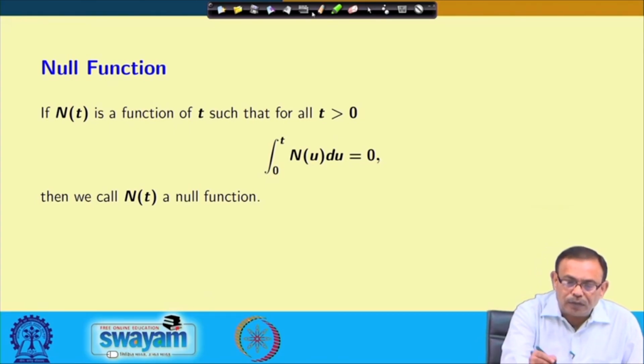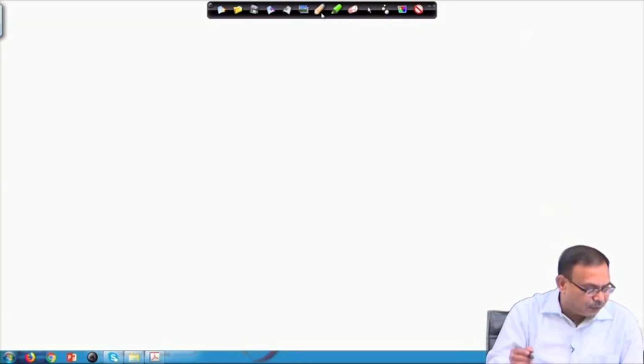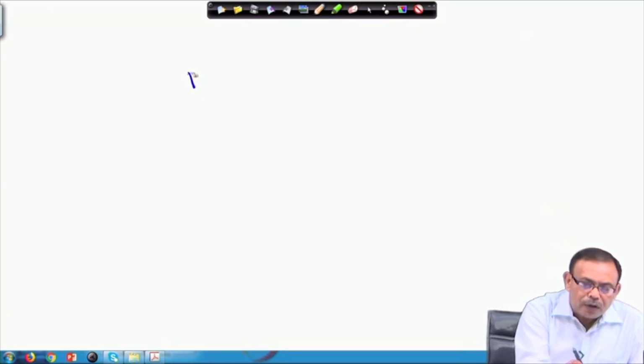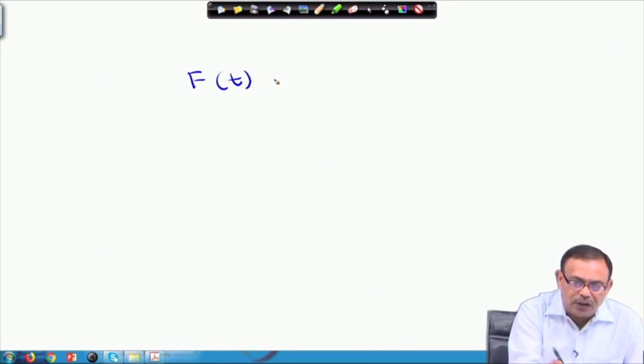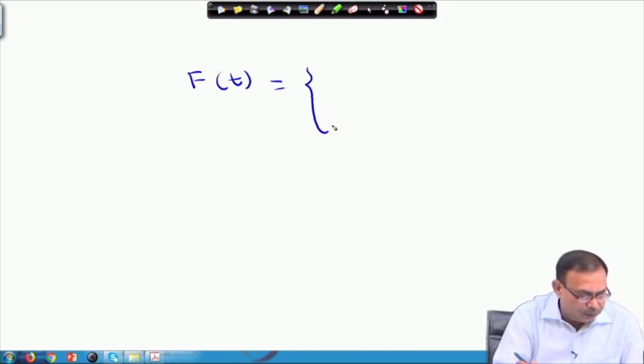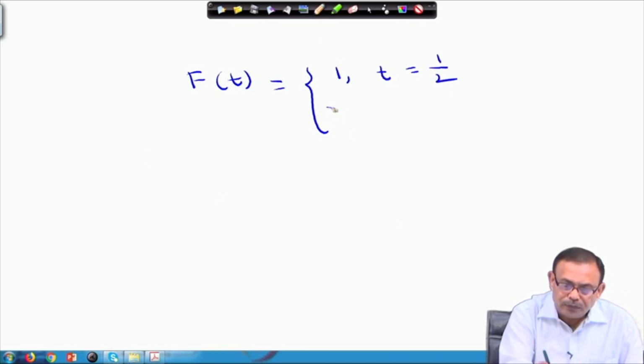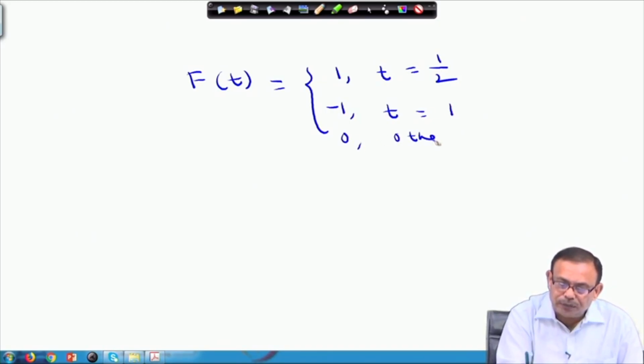Just for example, if you take a function like this, say at t equals half it is 1, at t equals 1 it is minus 1, and otherwise it is 0.